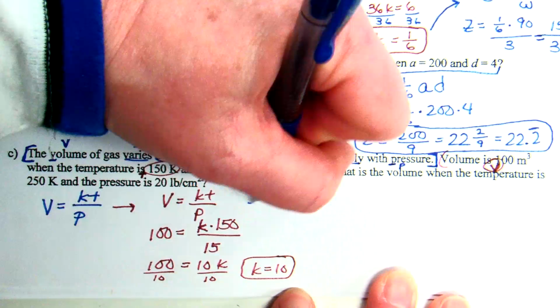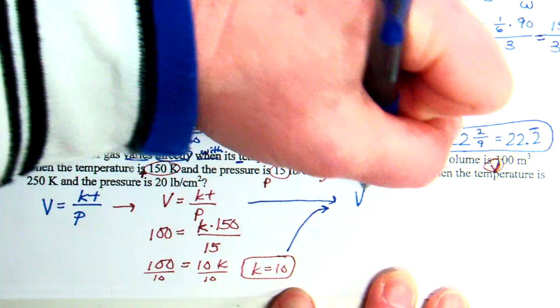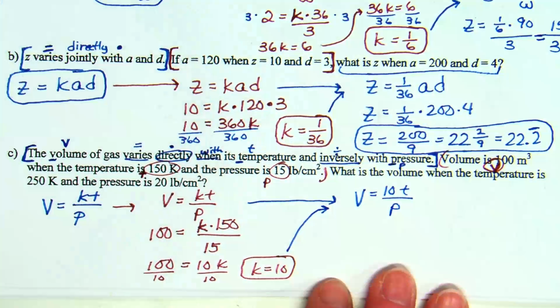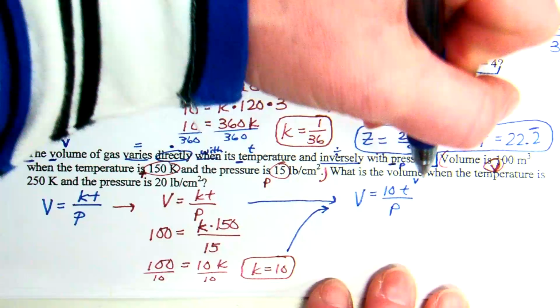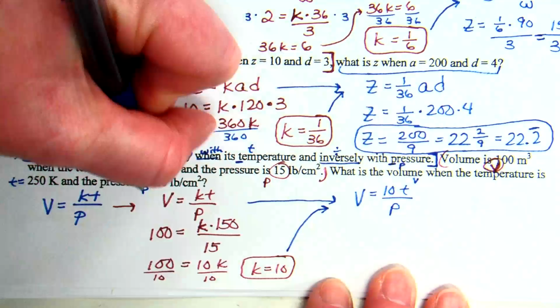Okay. Write your equation to finish this problem off with. V equals KT over P is now V equals 10T over P. And what is the question? What is the volume when the temperature is 250 Kelvin and the pressure is 20?